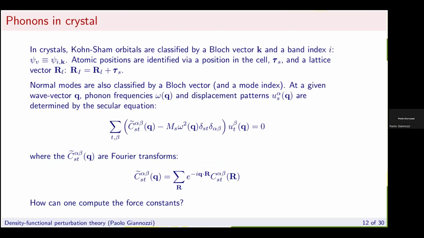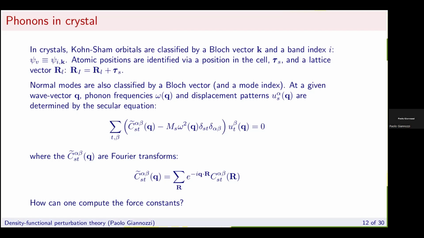Now, this is what is written above. What was written in the previous slide is valid for, let's say, finite systems. In crystals, we have that our quantum orbitals are characterized by a Bloch vector k and the band index i, and atomic positions are labeled via their position in the cell, the basis of atoms defining the crystal, together with the lattice vector, so which cell we are dealing with.